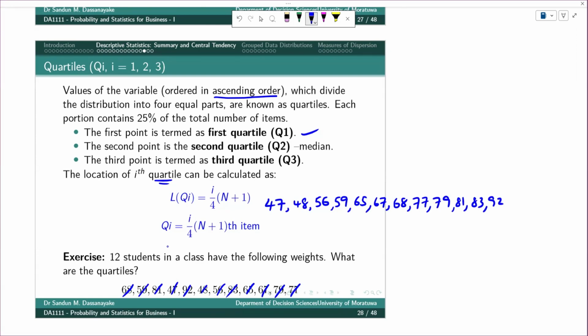Make sure that you put everything in order. 1, 2, 3, 4, 5, 6, 7, 8, 9, 10, 11, 12. Okay, 12 students in the class have the following weights.